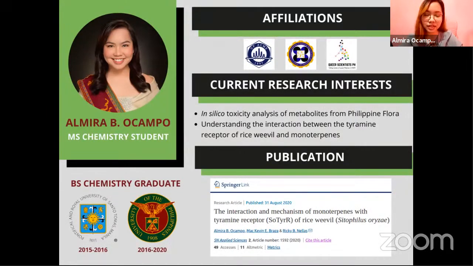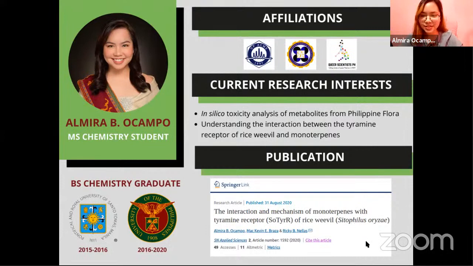During my undergraduate years, I was an RA 7687 DOST scholar, and I was also part of two organizations, UP ACME and UP DOST-SA. And right now, I am a volunteer for Queer Scientists PH. In the present, I'm currently working on projects such as in silico toxicity analysis of metabolites from Philippine flora and the research, which I will be talking about in a while.